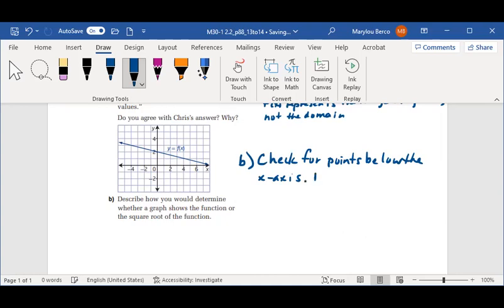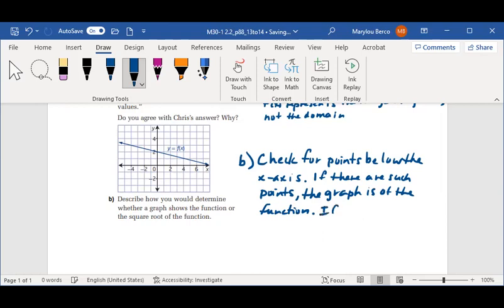So if there are such points, the graph is of the function. If there are not, then it could be a graph of the square root of the function.